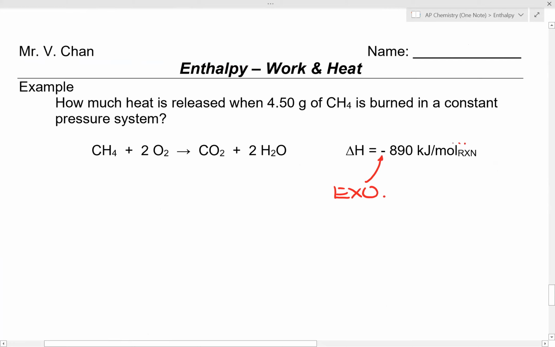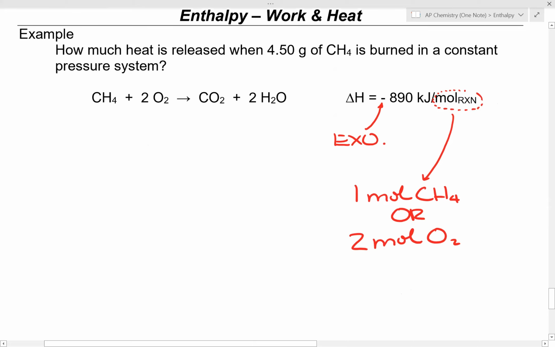Notice I use the words mole of reaction. What that means is that it could be for 1 mole of CH4 or 2 moles of O2 or 1 mole of CO2, etc., based upon the coefficients.